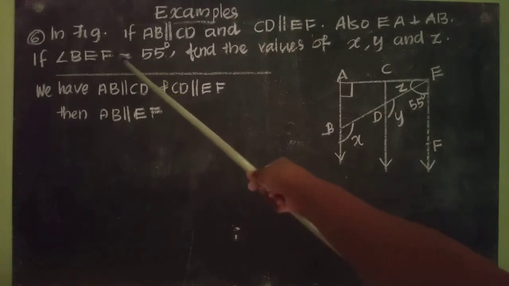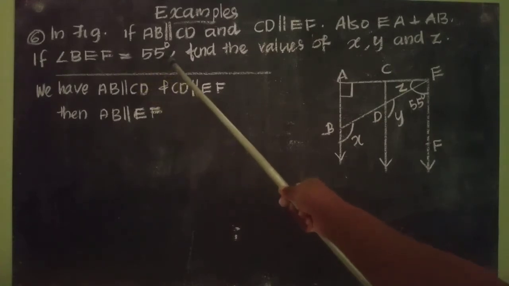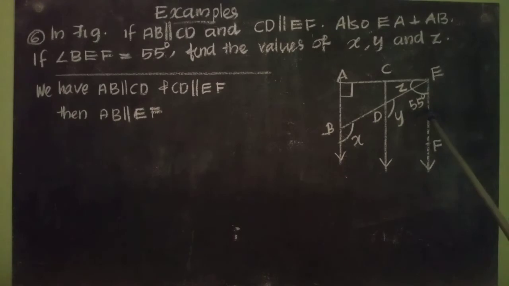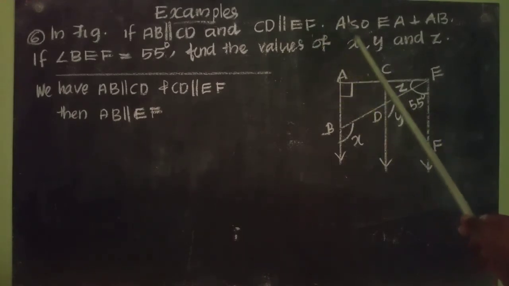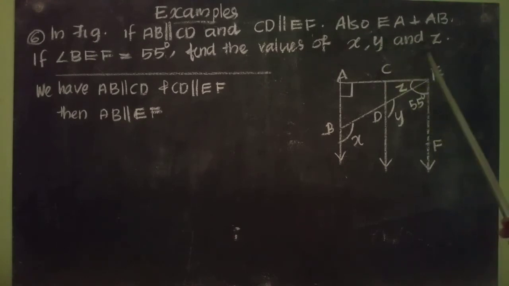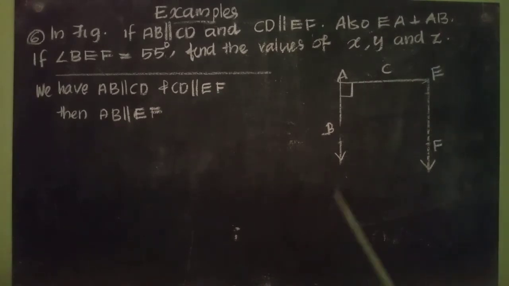The question is angle BEF equals 55 degrees. Find the values of X, Y and Z. So, let us find them one by one. Now you see the figure. Lines AB and EF are parallel, and it is given EA is perpendicular to AB.